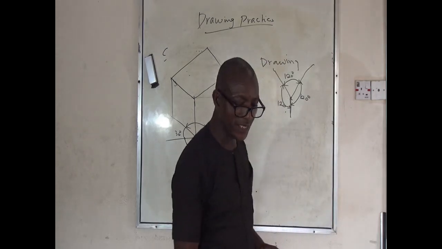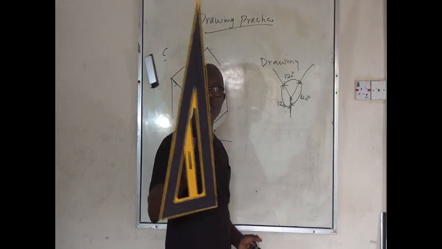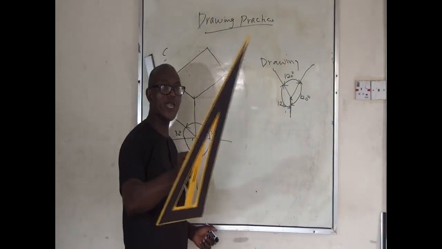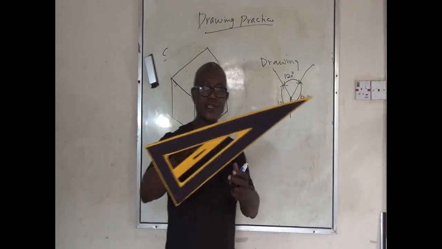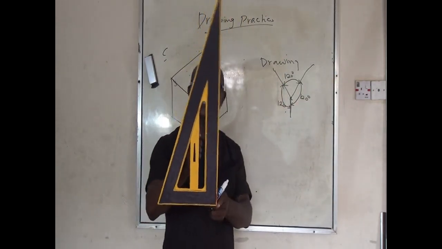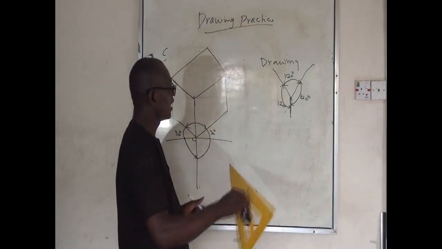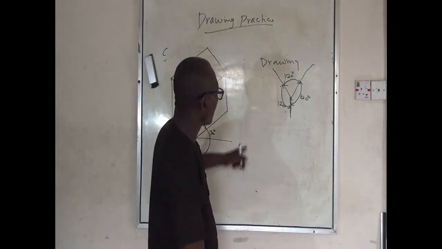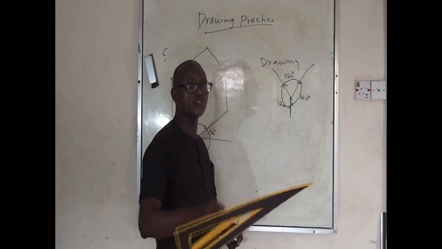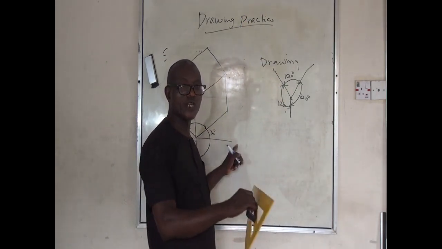Number one, you can see I have with me here the set square. We have the 30 degree, 60 degree set square. Here, because we know that isometric drawing is based on this 30 degree to the horizontal.